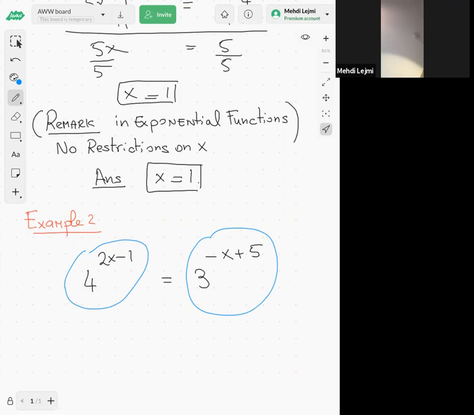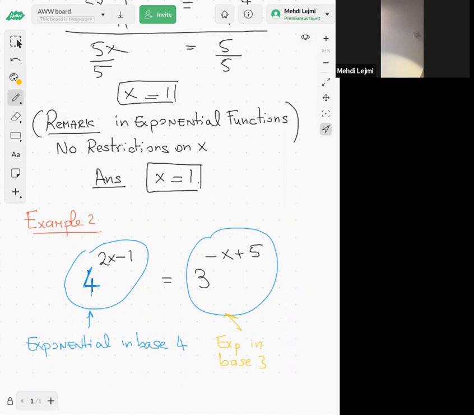So both are exponential functions, but this one is exponential in base 4, and this one is exponential in base 3.